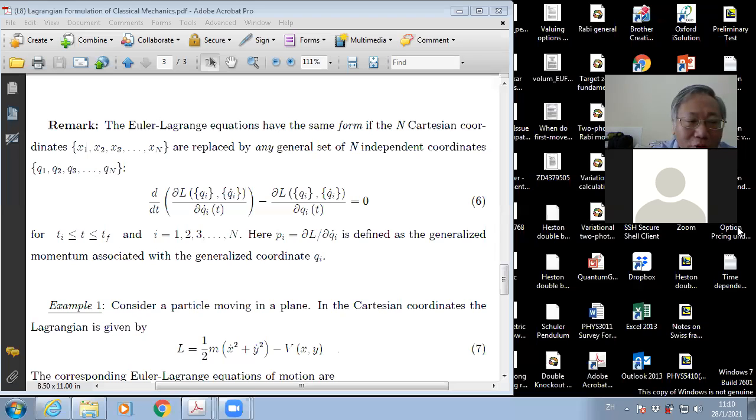We just follow the rules, and we can derive the equation of motion right away. And these equations of motion are exactly the same as Newton's second law of motion. So the whole thing becomes following a recipe, the recipe of Lagrangian formulation.